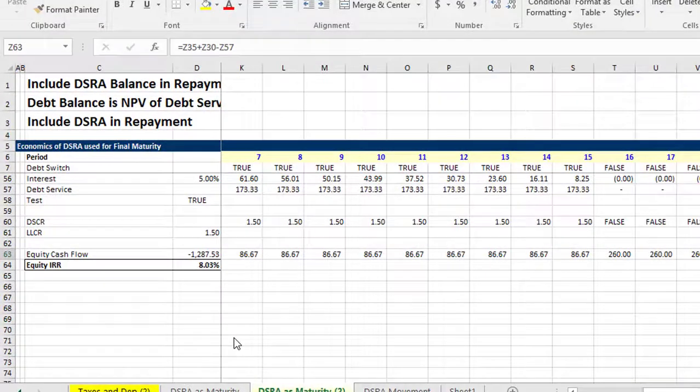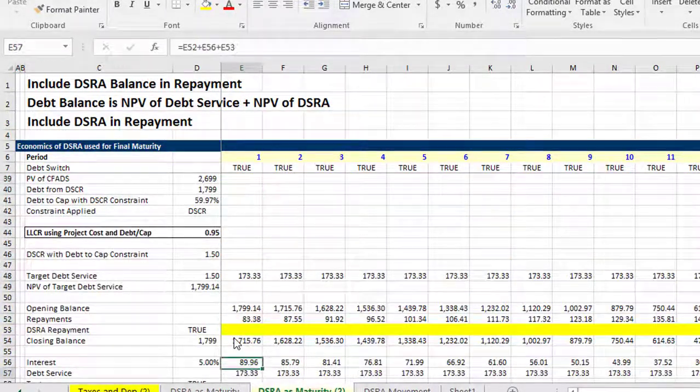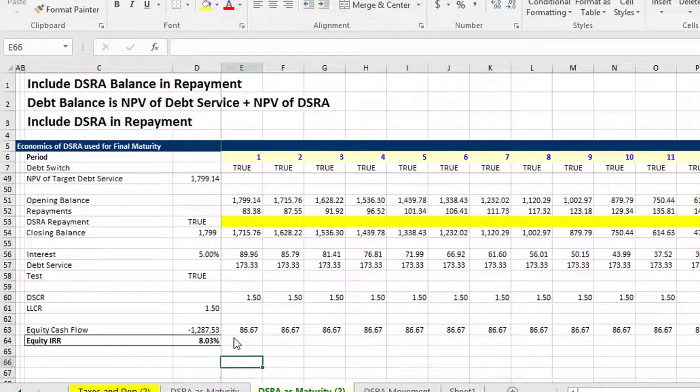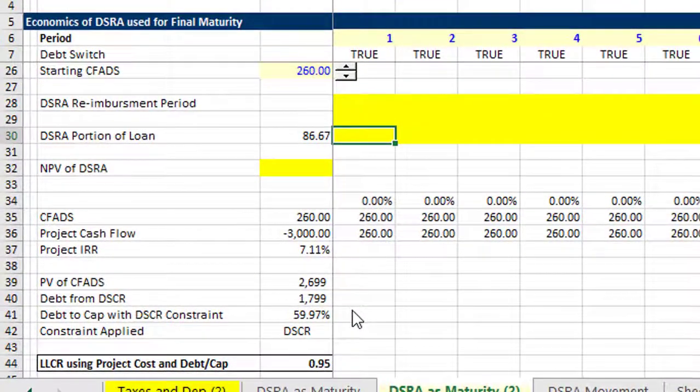Now in the equity IRR, there is a problem here, because we need to subtract 57, and we have to add 35, which is the CFADS, and 30. We need to know when we're going to get this DSRA back.